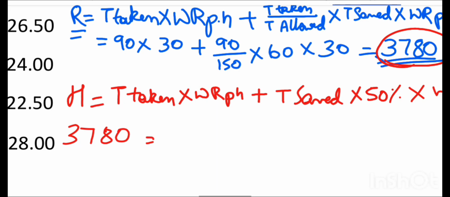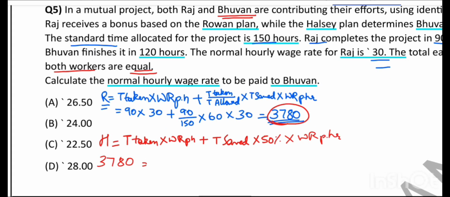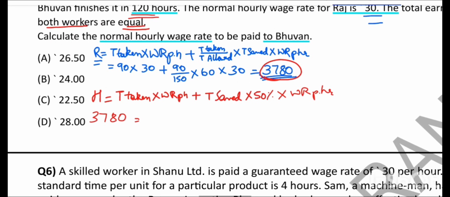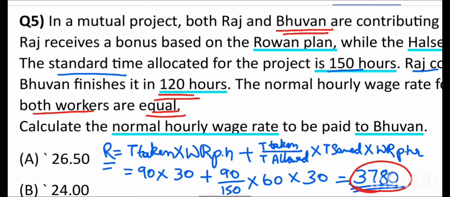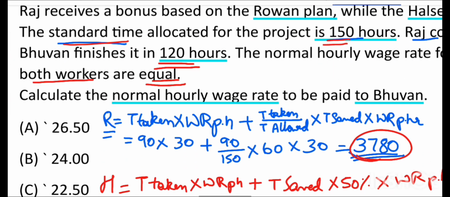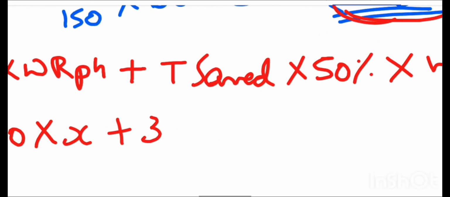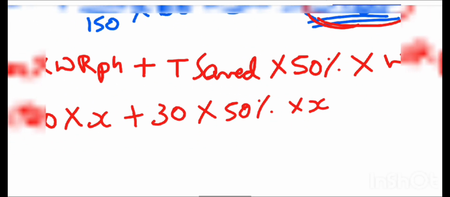Let's take it as x. The time taken by Bhuvan is 120, so 120 into x plus time saved. The standard time given is 150, so 150 minus 120, time saved is 30 hours, into 50% into x.